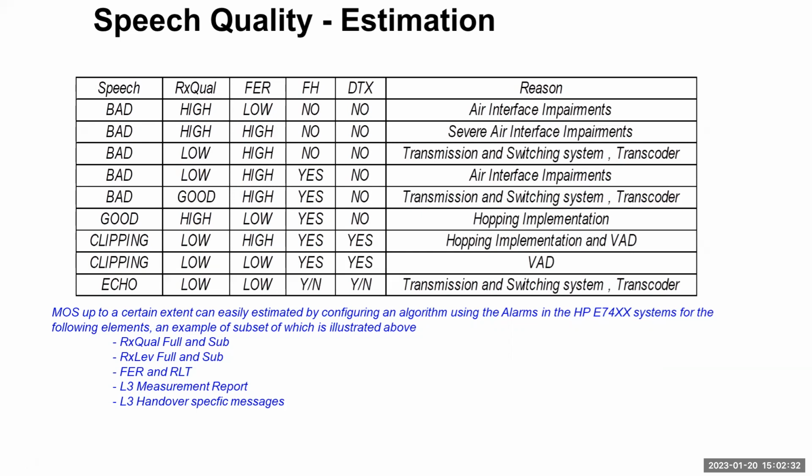That way we can check where the problem is, whether it is a radio problem, a transmission problem, a hopping implementation problem, or a voice activity detector problem. The voice activity detector is installed in your handset and detects whether it is voice or not voice. The VAD is used in the discontinuous transmission mode when it is active.